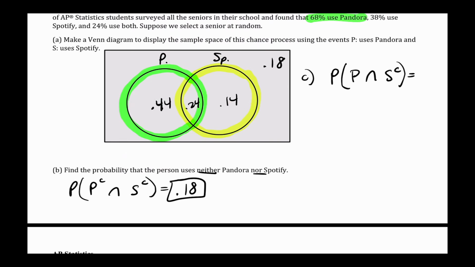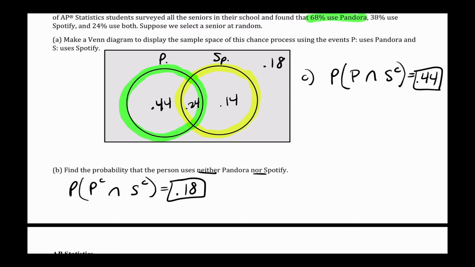So right now, I'm right here in the green, but also not Spotify. So which of those two don't like Spotify? 0.44. Pandora means I have to be in the green, and also not Spotify. Well, 24 is actually in the Spotify circle, so I don't count that. 0.44 is that one.